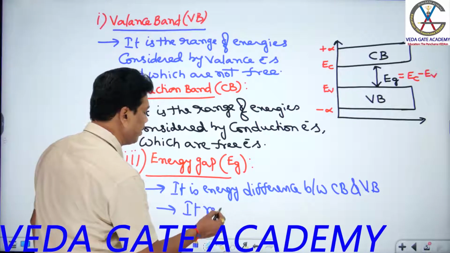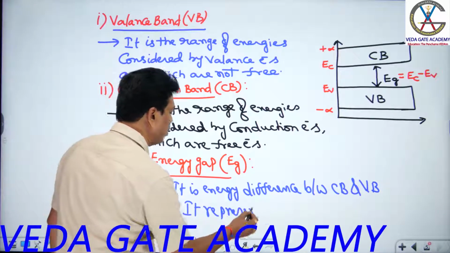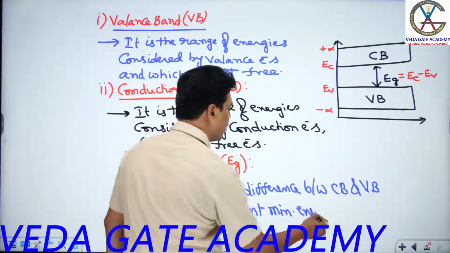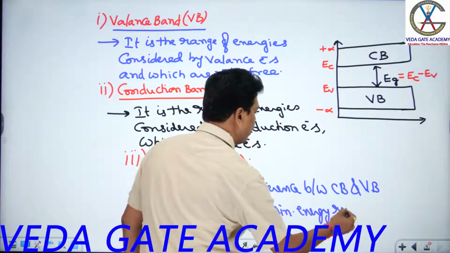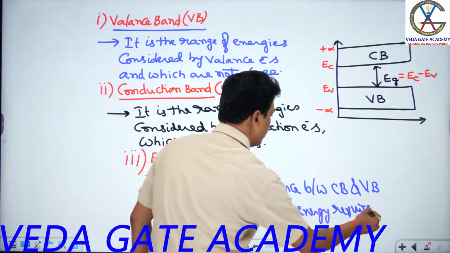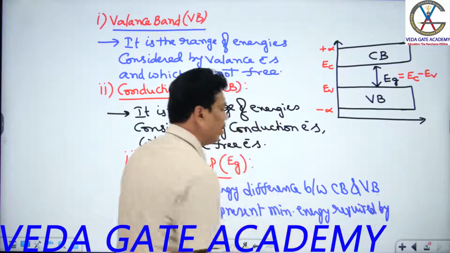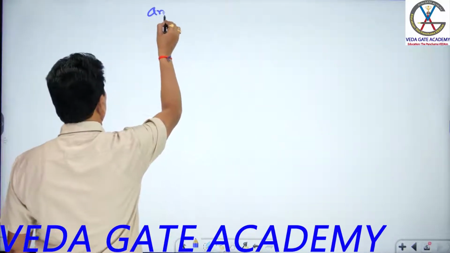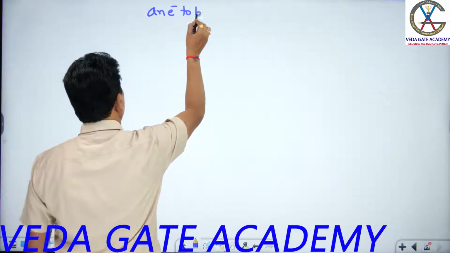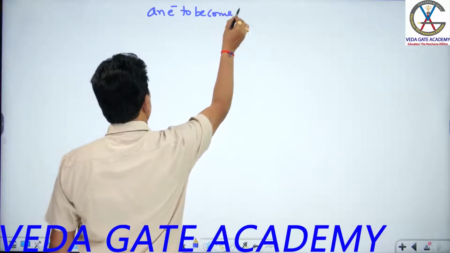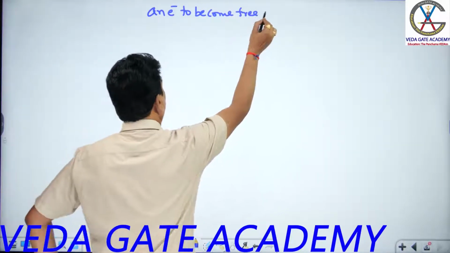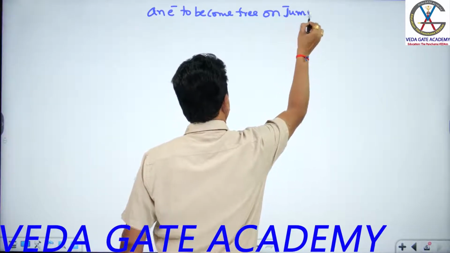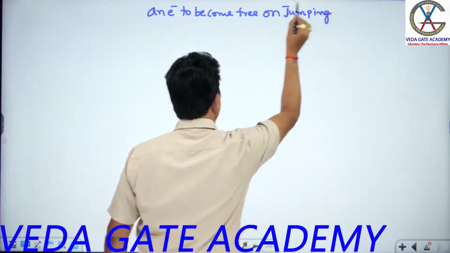It represents the minimum energy required by what, sir? By an electron to become free on jumping from where to where, students?